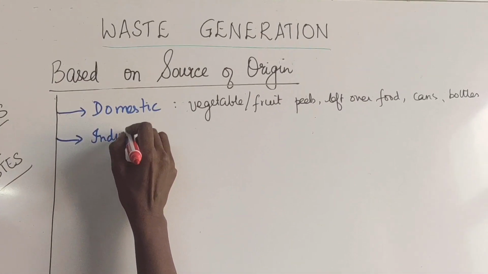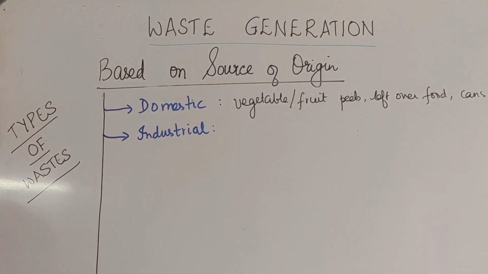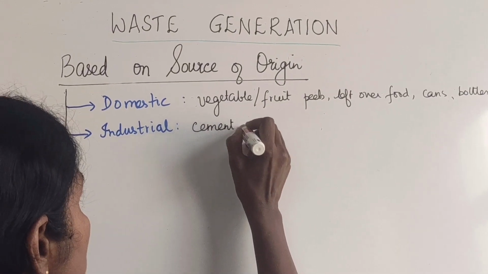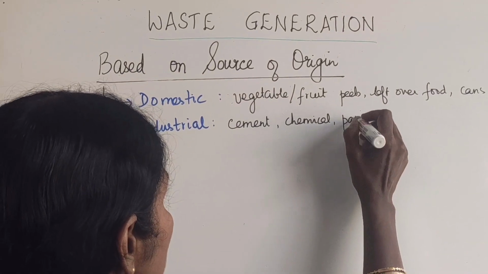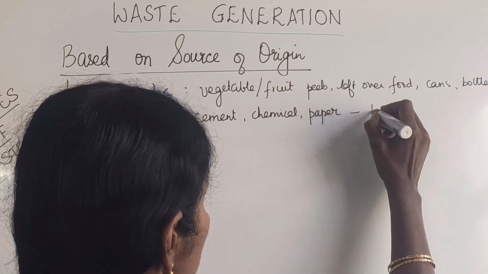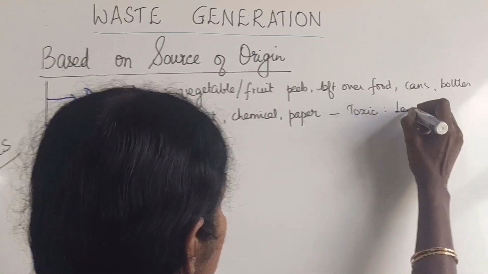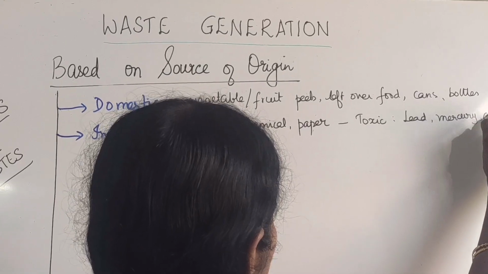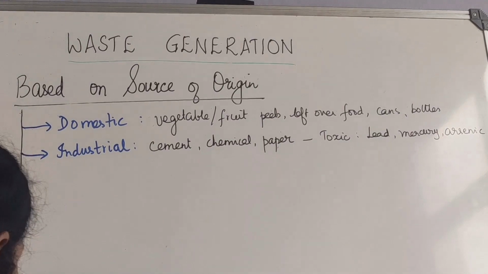This is a wide range. Many industries with a lot of waste. So industries like cement, chemical industry, paper industry. All this can give rise to a lot of toxic chemicals like lead, mercury, arsenic, and many other metals can come from the industrial waste.